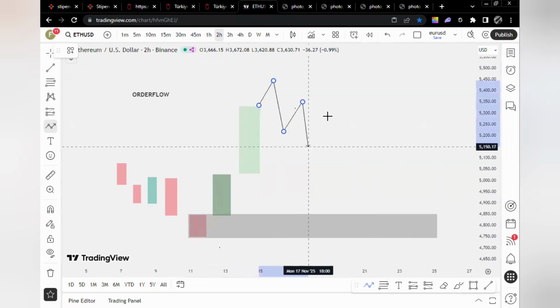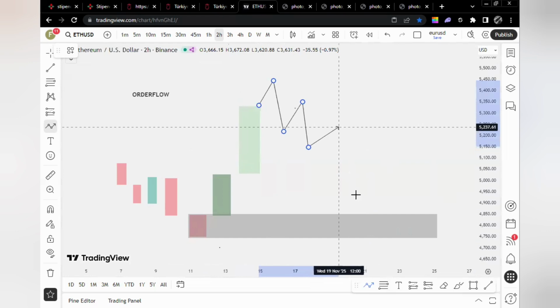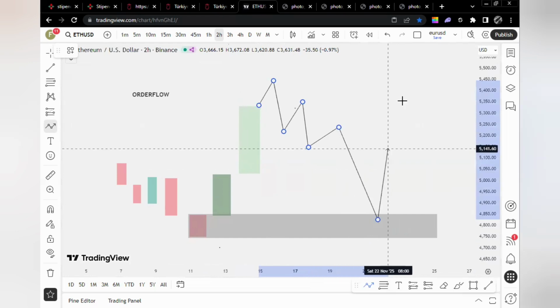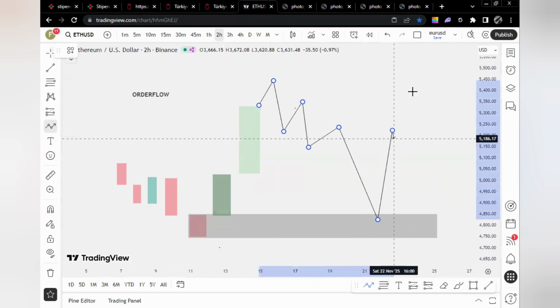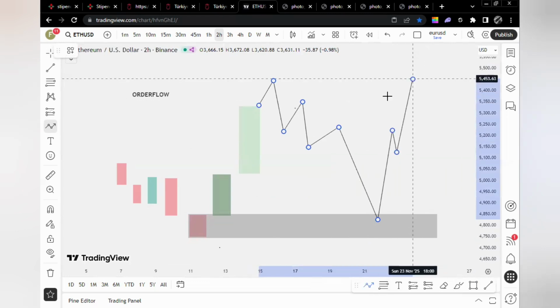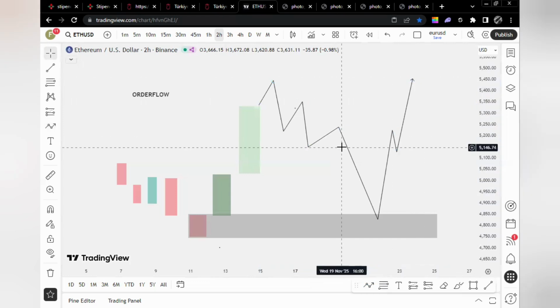Price will later return to this price level, react from it, and start buying impulsively, hitting a certain target. I'll be showing you guys where your target will be and everything.